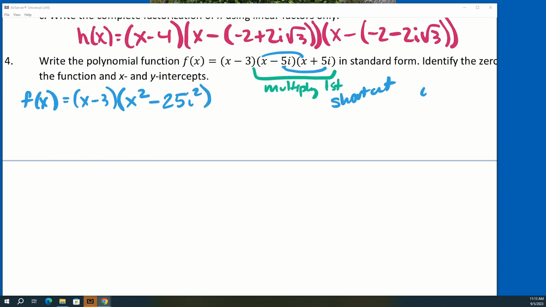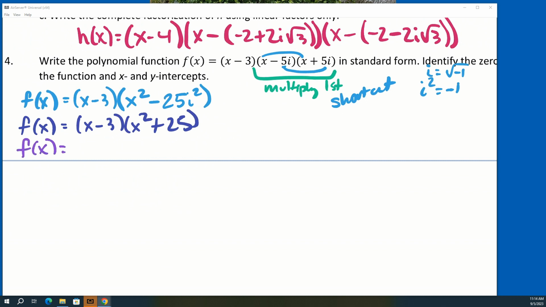Do you guys remember what i squared is? Close. Negative 1. So i is the square root of negative 1. i squared is just negative 1. So what is negative 25i squared? 25. All right, so now we're ready to multiply it all out here.